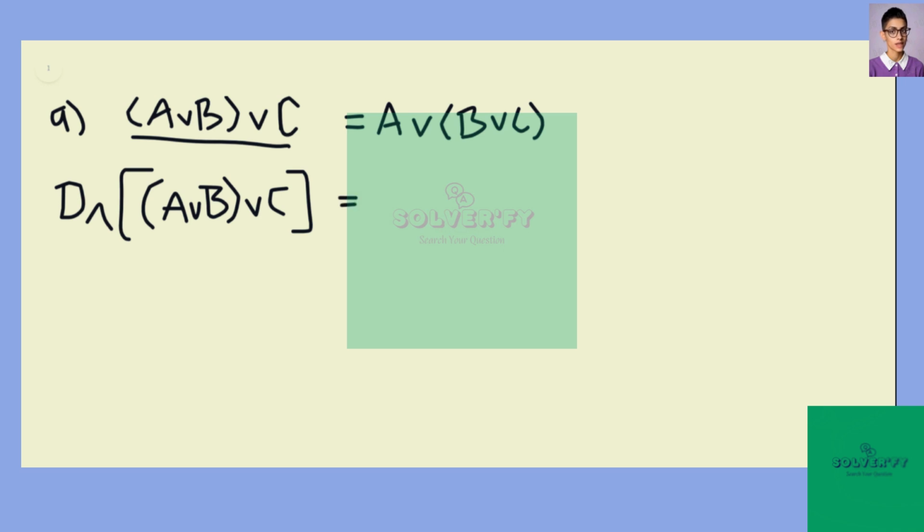And then we're going to use the property of the distribution of and over or to get that is equivalent to D and A or B, or D and C.